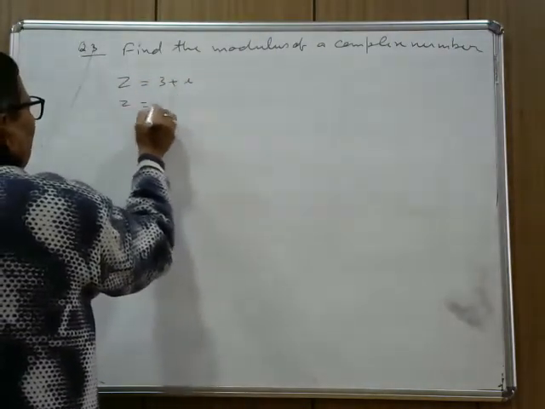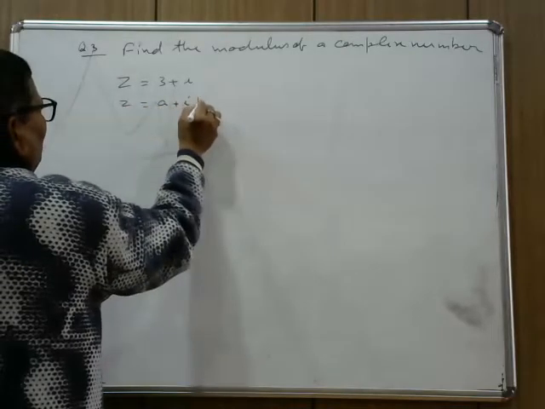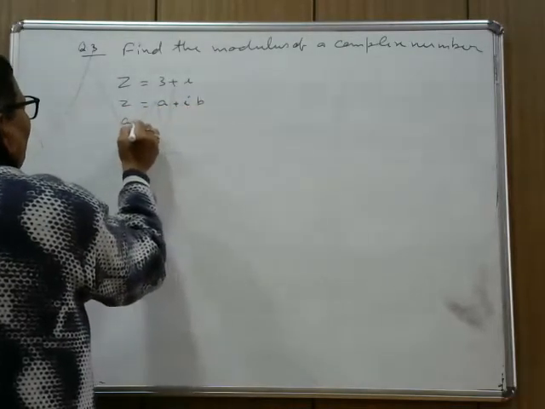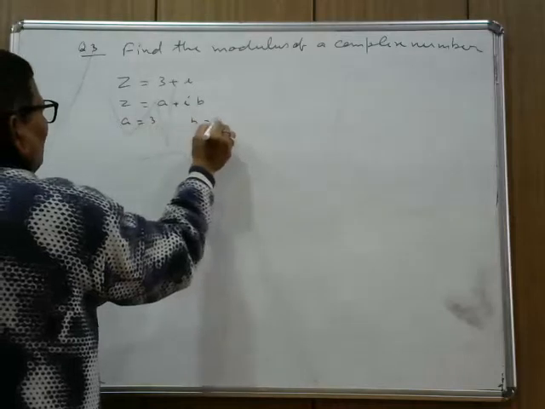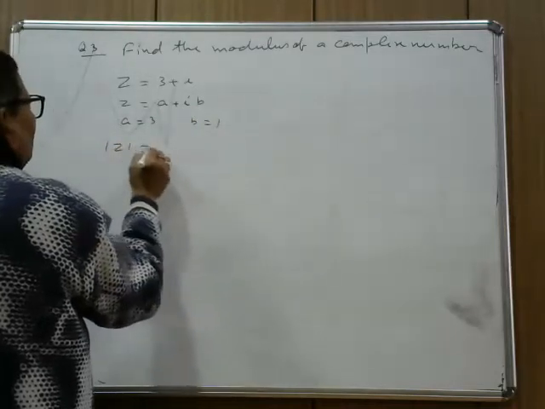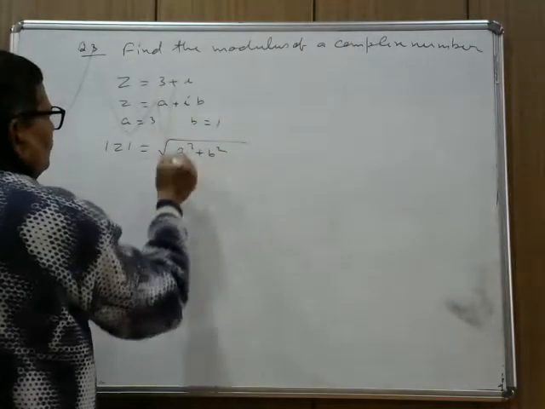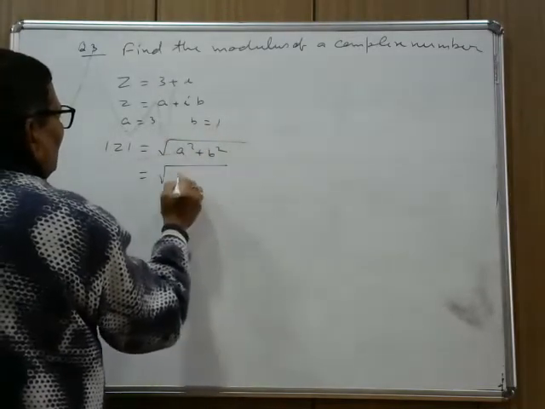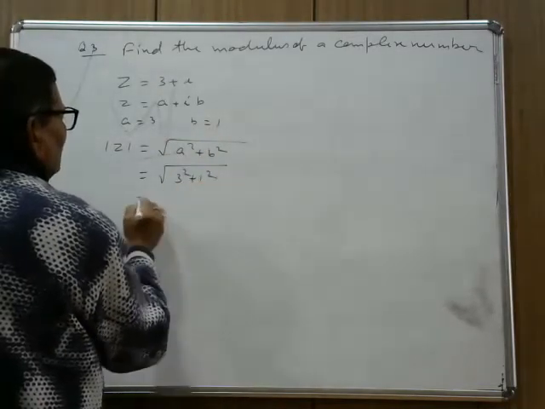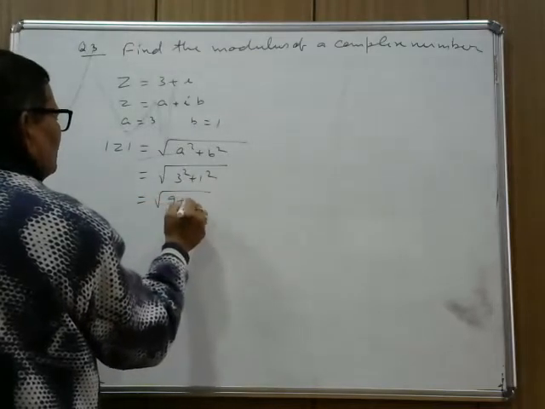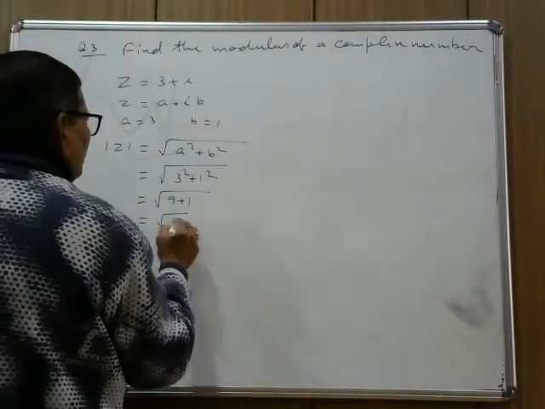When you compare with z equal to a plus ib, you find a is 3, b is 1. Mod z is under root a square plus b square. You substitute the values of a and b: under root 3 square plus 1 square, that is under root 9 plus 1, so it is under root 10.